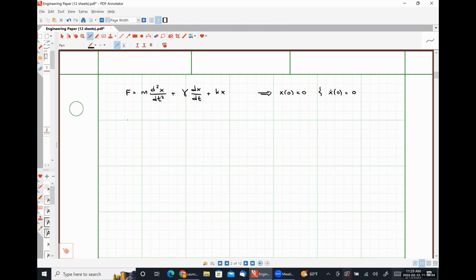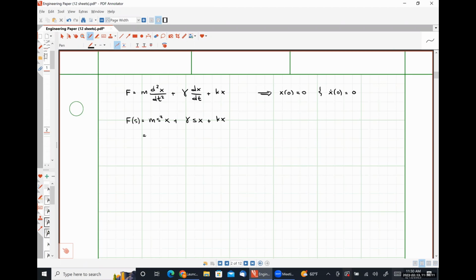In the S domain, our force will be equal to M times S squared X plus gamma times SX plus KX. Right, our second derivative is just multiplying by S squared. Our first derivative is multiplying by S and so forth, with the initial conditions of 0 for the displacement and the velocity. Okay.